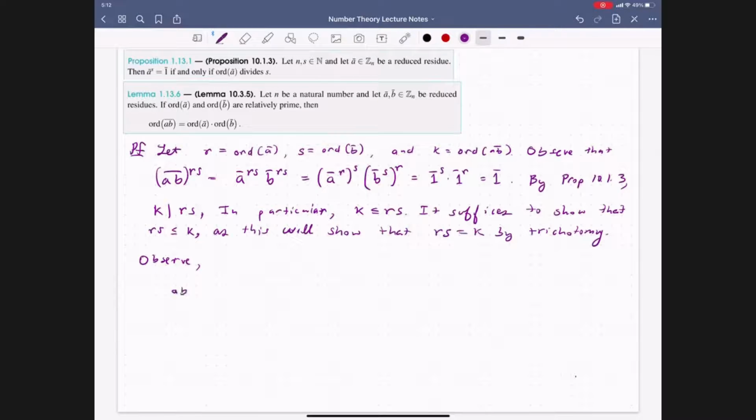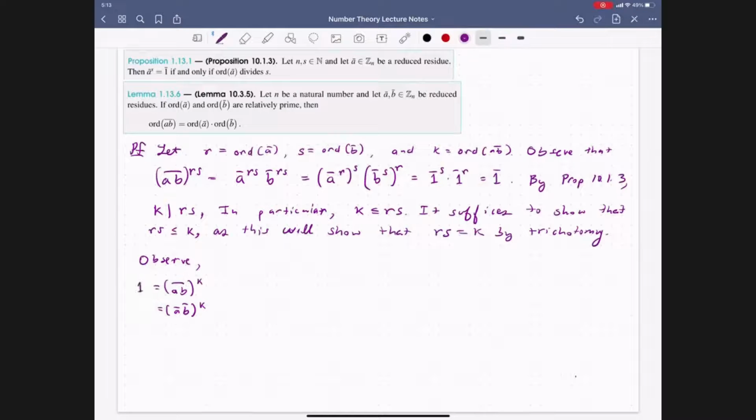So we're going to have ab bar to the k, and down here we're going to have it also to the k. The order of ab bar is k, so we know that both of these are going to be 1 bar. If we raise both of these equations to some natural number exponent, they are also going to be 1 bar.